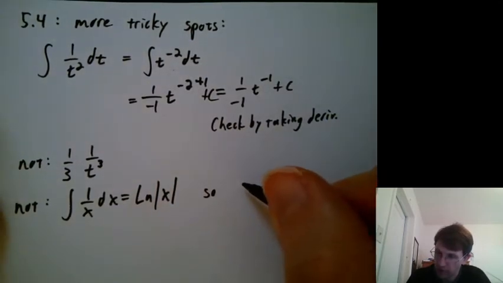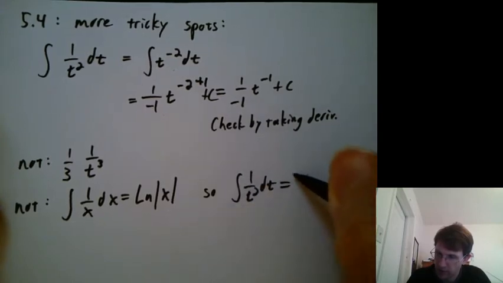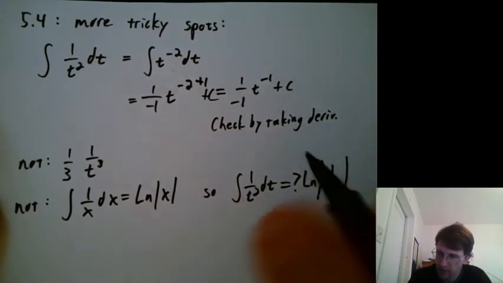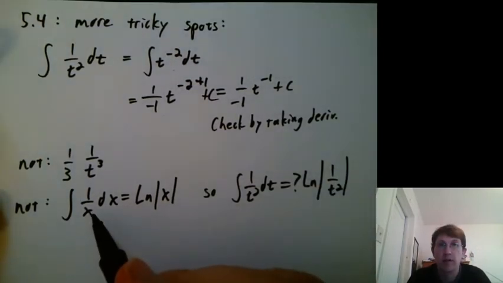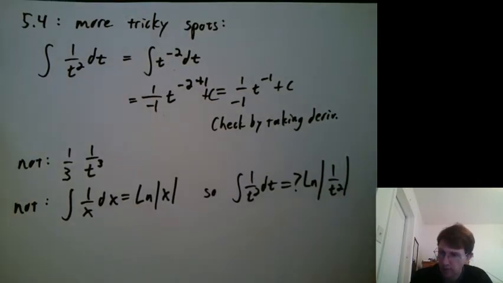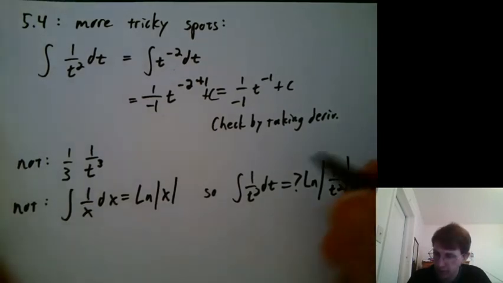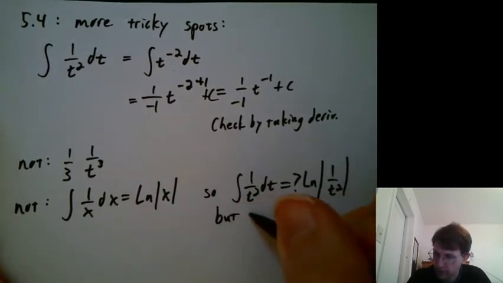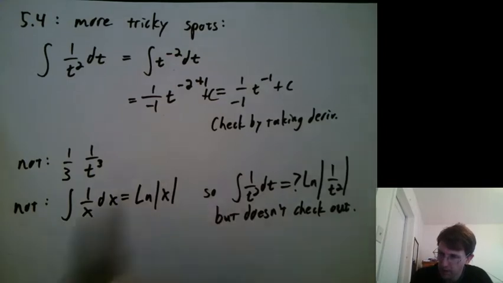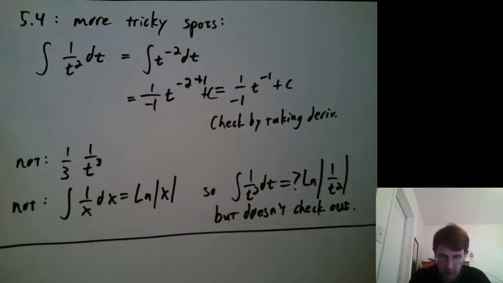So we would then say 1 over t squared dt would be log of 1 over t squared, figuring whatever's in the denominator here, you just put in the absolute value there. But again, if you take the derivative, that doesn't work. So that's one thing to be careful on.